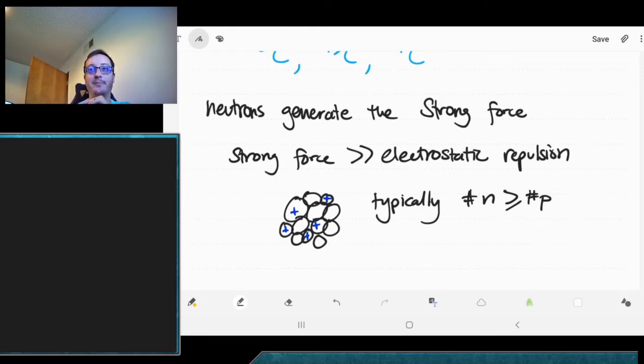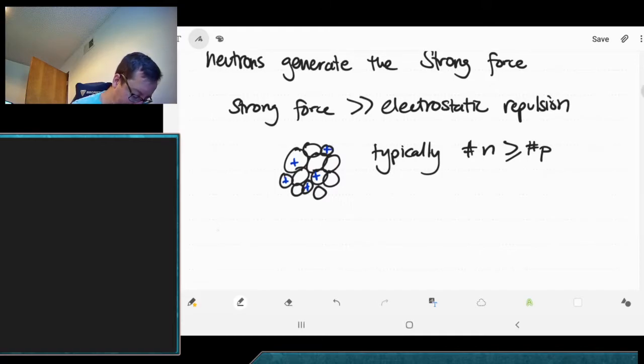In the smaller ones, it's usually just an equal number is fine or a little bit above is fine. You typically don't have many that are below. There is helium-3, which has 2 protons, 1 neutron, but that's not a very good example. There's not a lot of that around. So, just typically your neutrons are going to be bigger than protons, and we have a way of describing them.